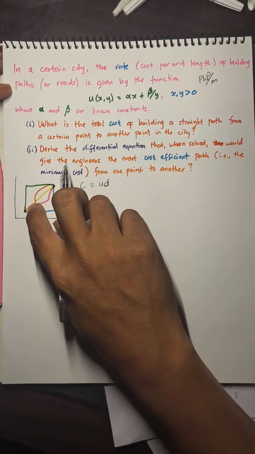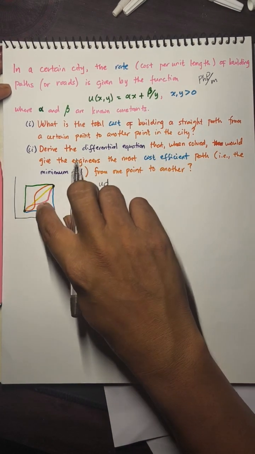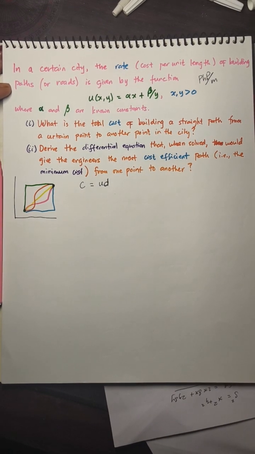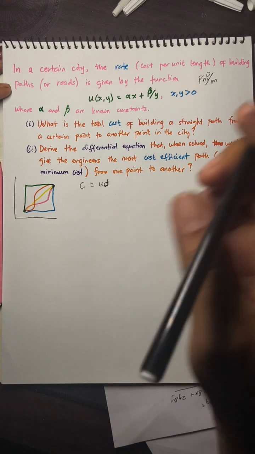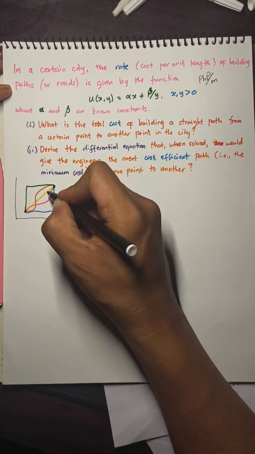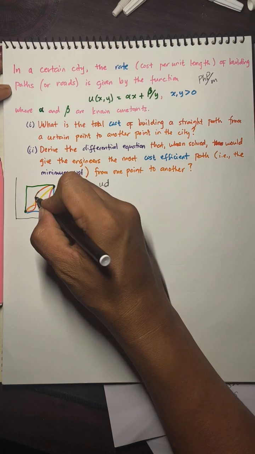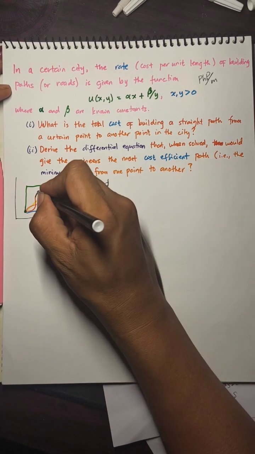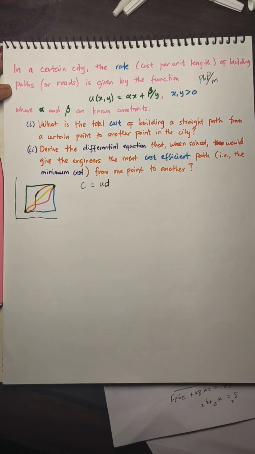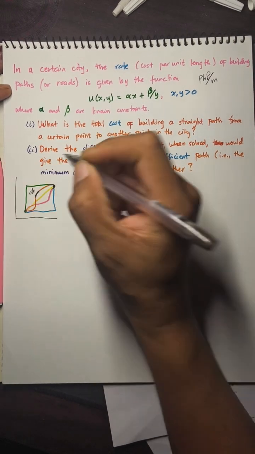Given a curve, what is the total distance D? We can do that by taking a small portion of that path, let's say this one here in black, and call that ds.